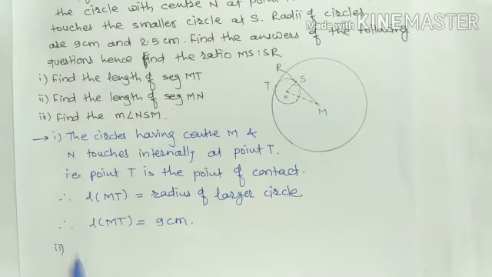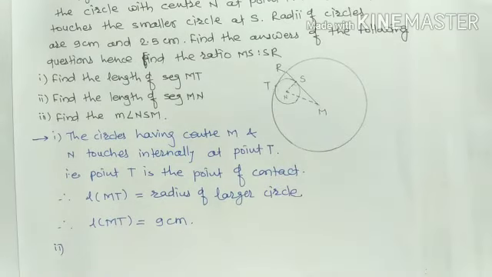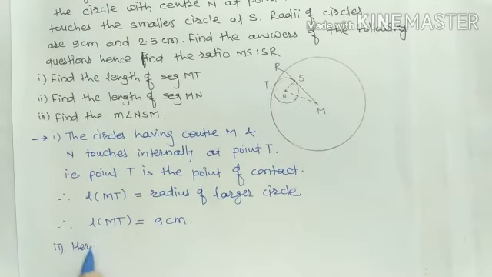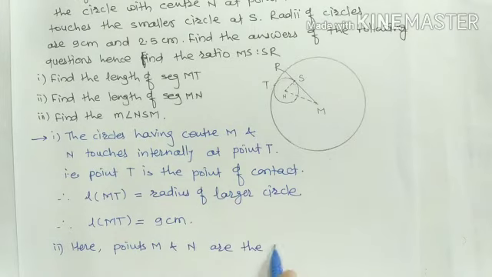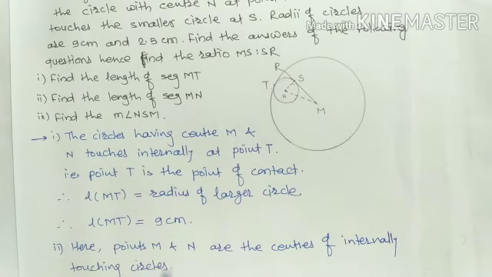Now we have to find the length of segment MN. Here points M and N are the centers of which type of circles? Internally touching circles.